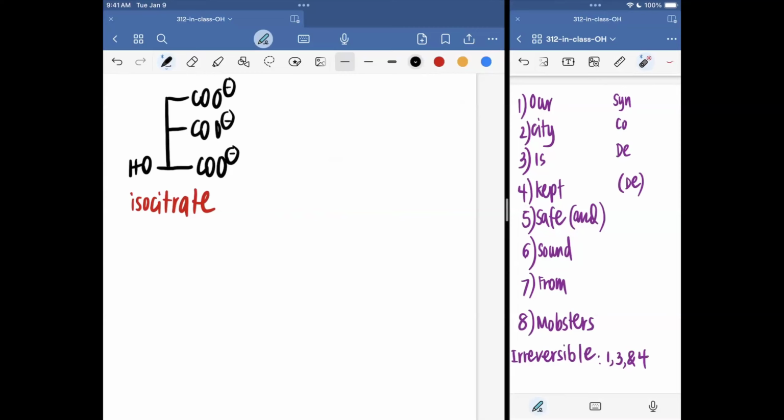Isocitrate is going to have a dehydrogenase that is going to allow us to produce alpha ketoglutarate. So we are going to see an irreversible reaction, reaction 3, that is carried out by isocitrate dehydrogenase.